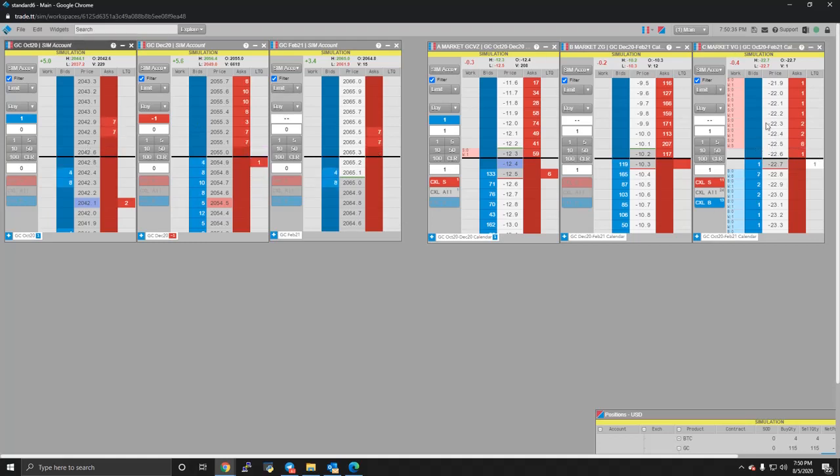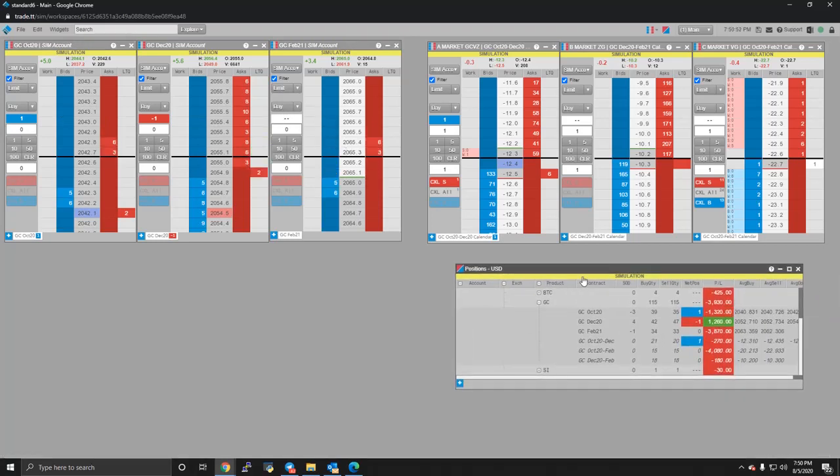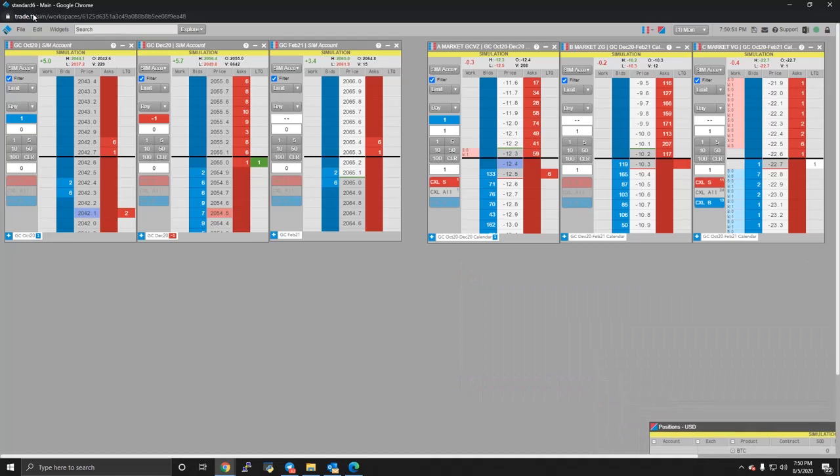What that's doing is we're working resting orders in the listed calendar spread, and we're also trying to make those spread prices synthetically in the outrights with the October and the February 2021 outrights. And we can actually very quickly build that.